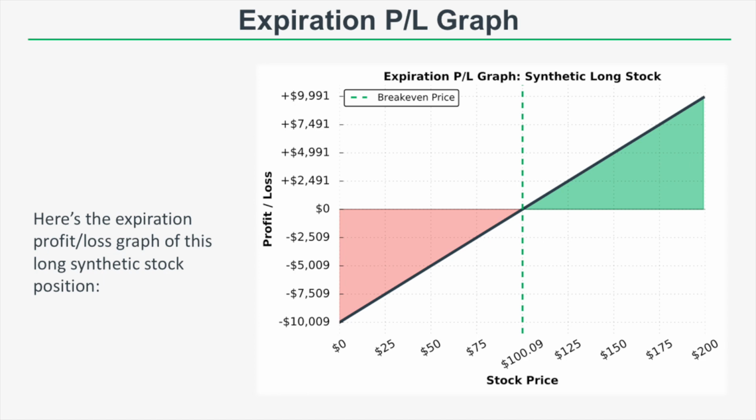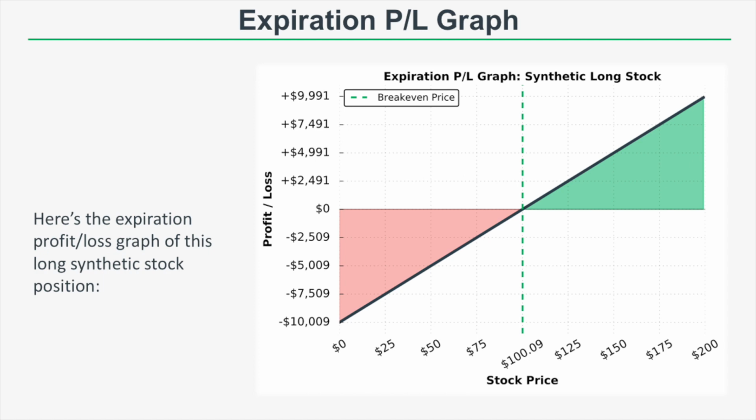So 100.09 times 100 is $10,009. Now if the stock price goes up to 125, we'll be up $2,491 because 125 minus 100.09 times 100 is $2,491. Basically for every 1 point increase or decrease in the stock price, the corresponding profit or loss will be $100.